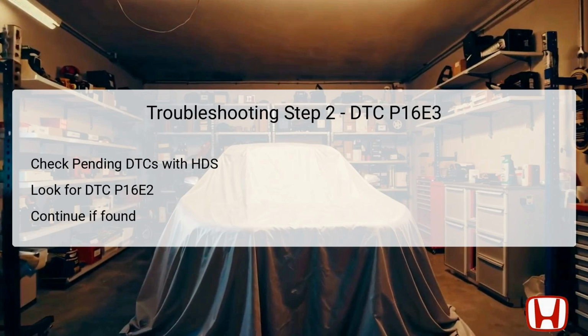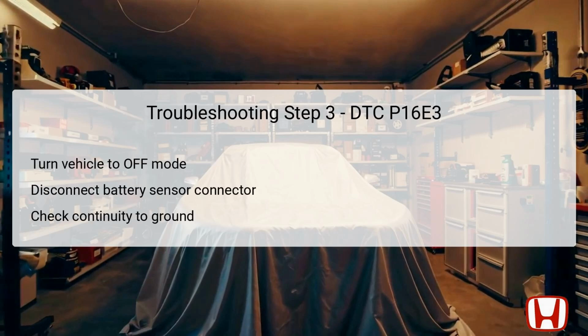If DTC P16E3 is indeed found, this necessitates your progression to a subsequent step in the troubleshooting process, focusing on the possible interconnected issues that might contribute to the overall fault. However, if DTC P16E3 does not appear, this indicates a different path of investigation, leading you to the next troubleshooting steps to pinpoint the issue more accurately.